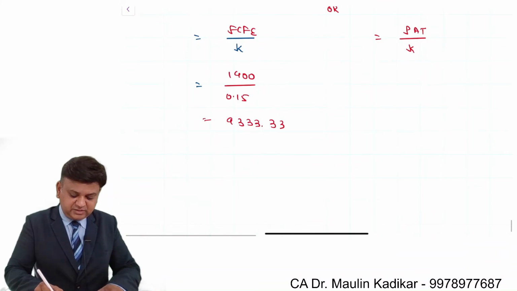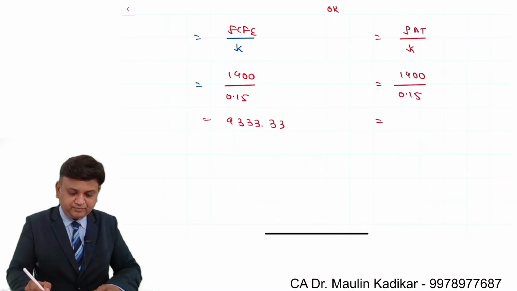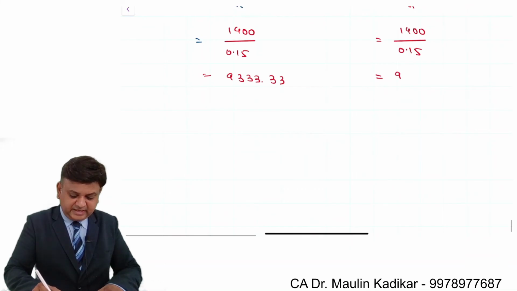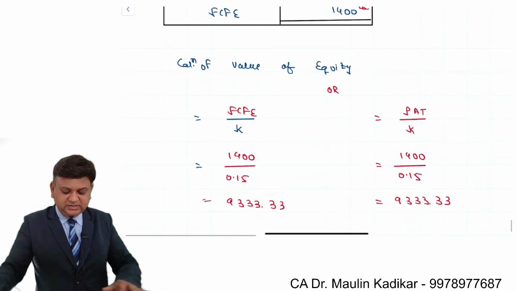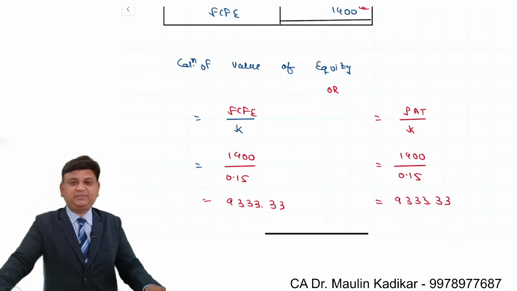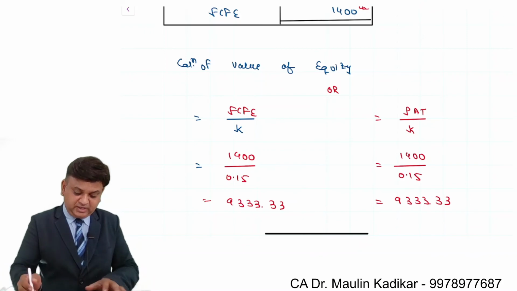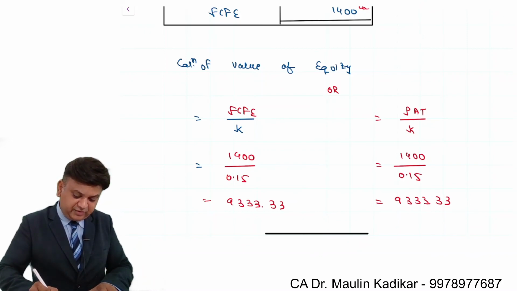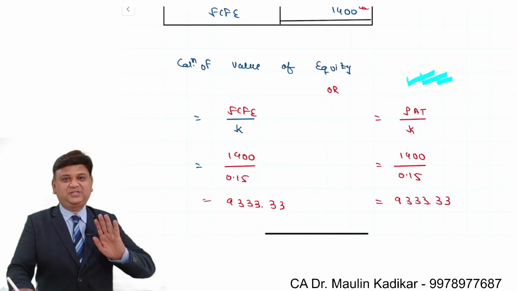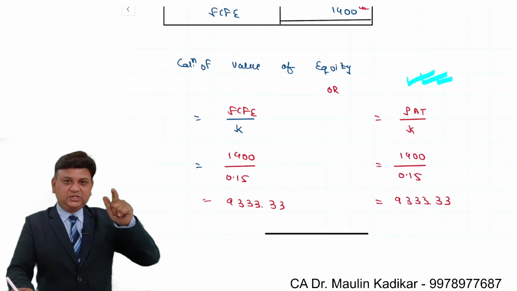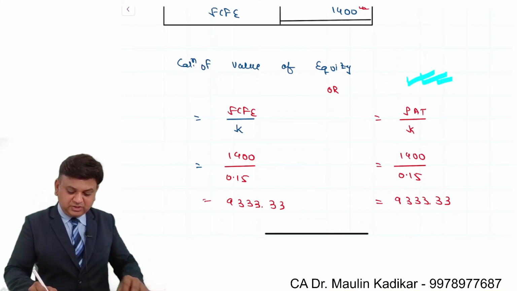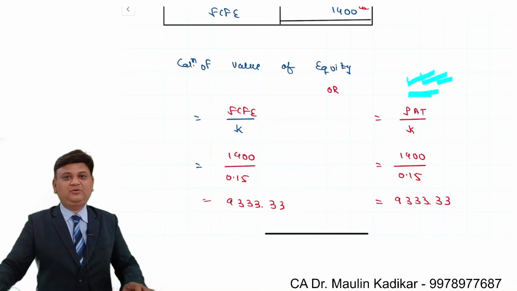What is profit after taxes? 1400. What is the cost of capital? 15%. So what is final answer? 9333.30. This is the way directly the profit after taxes can be discounted to calculate the value of the equity. And very importantly friends, this method of the presentation is also acceptable in examination. So instead of going with this detail, you may do this shortcut method for the purpose of calculation of answer.